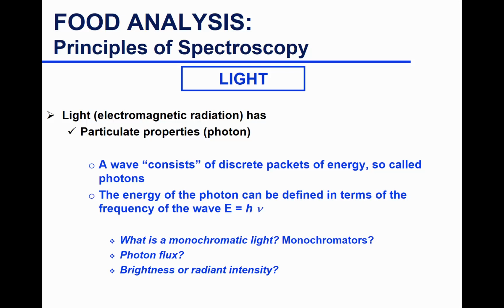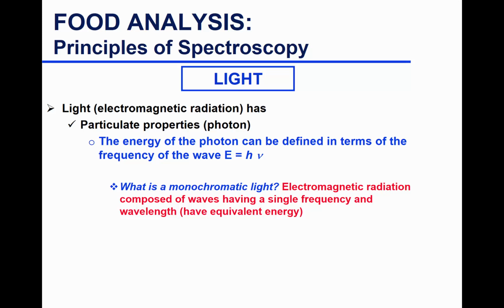So let's talk about parameters you will encounter as well, such as monochromatic light. I think we talked about it a little bit last time. Do you remember what a monochromatic light is? Mono, one, wavelength. So the light that is at a particular wavelength.